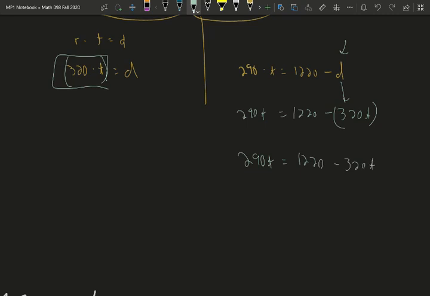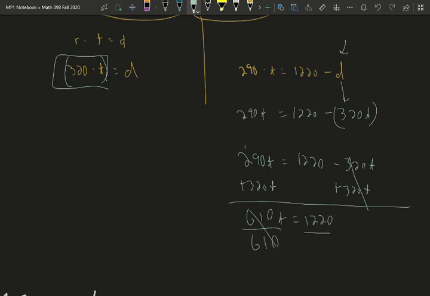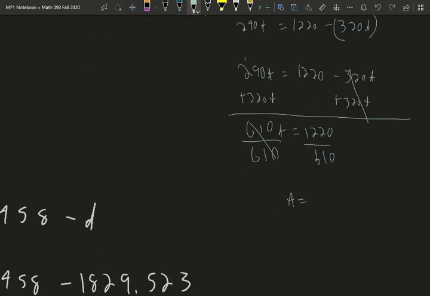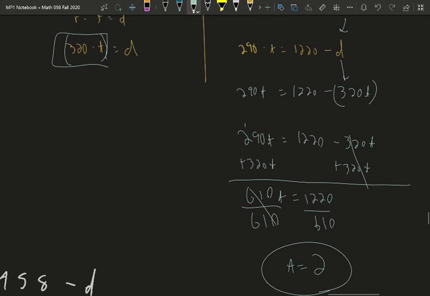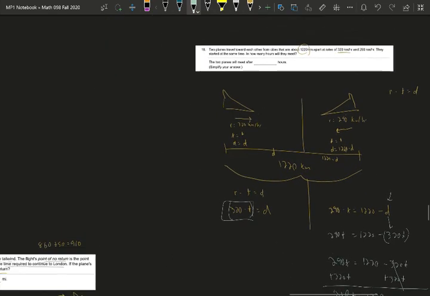I'm going to add 320T on both sides. That gives me 610T equals 1220. I'll divide by 610 on both sides, and that gives me T equals 2. So we know it's 2 hours, and that's all it asked for.